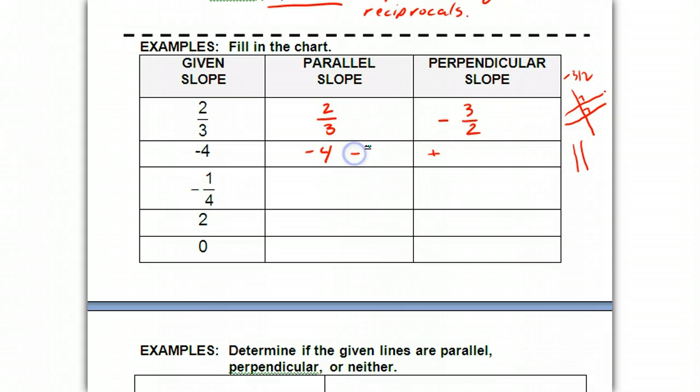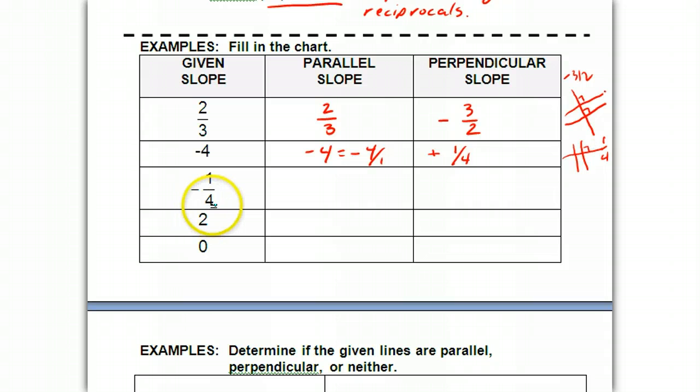This is really -4/1. So if I take the reciprocal of that, it's going to be +1/4. And this is a positive slope, but it's a really mild positive slope, right? A quarter. So that quarter can fit in there. And you can see it kind of makes a 90-degree angle in there.